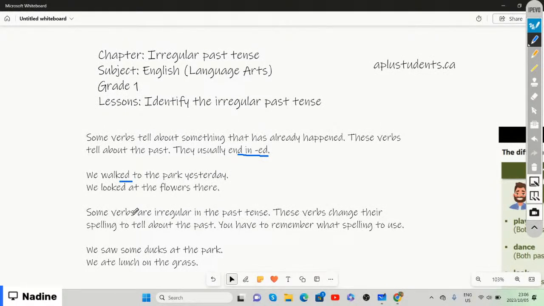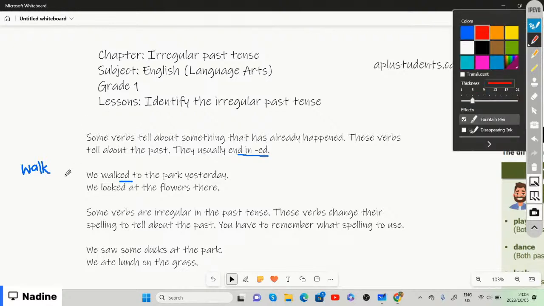Your normal verb that is not in the past would be walk. But in the past, we walked to the park yesterday, which means that we added an ed to show that this verb is in the past. So I walk, which is the present, to the park. But in the past, I walked. So we just added an ed.